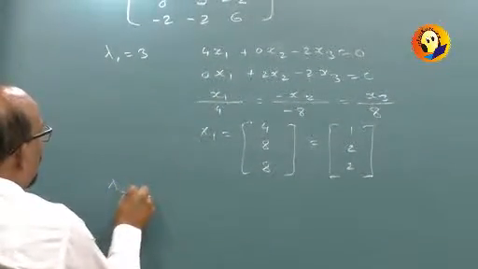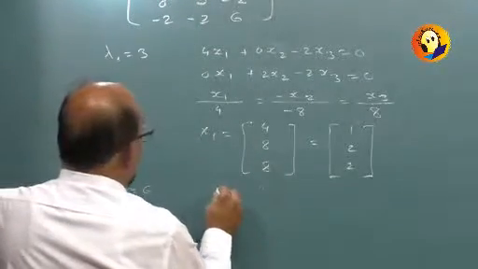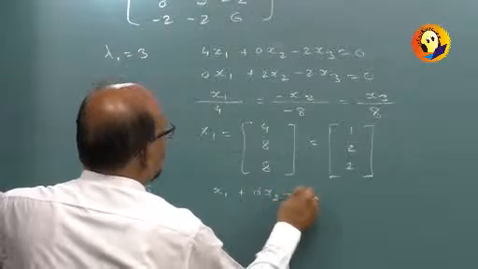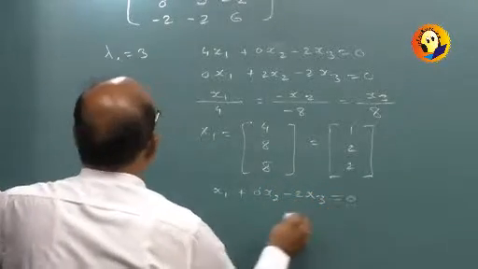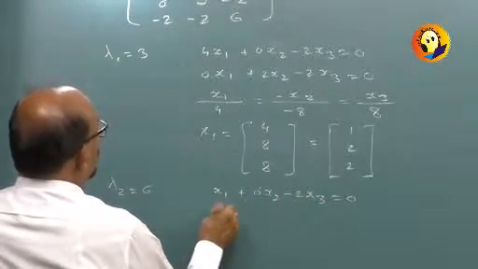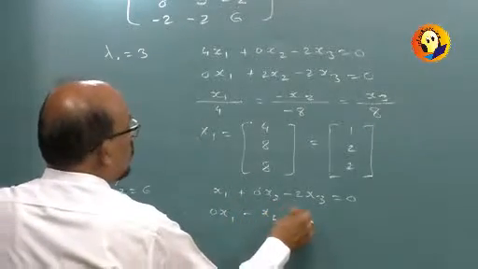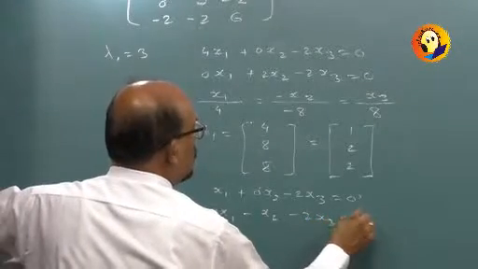At lambda 2 equal to 6, equations will be x1 plus 0x2 minus 2x3 equal to 0, and it will be 0x1 minus x2 minus 2x3 equal to 0.